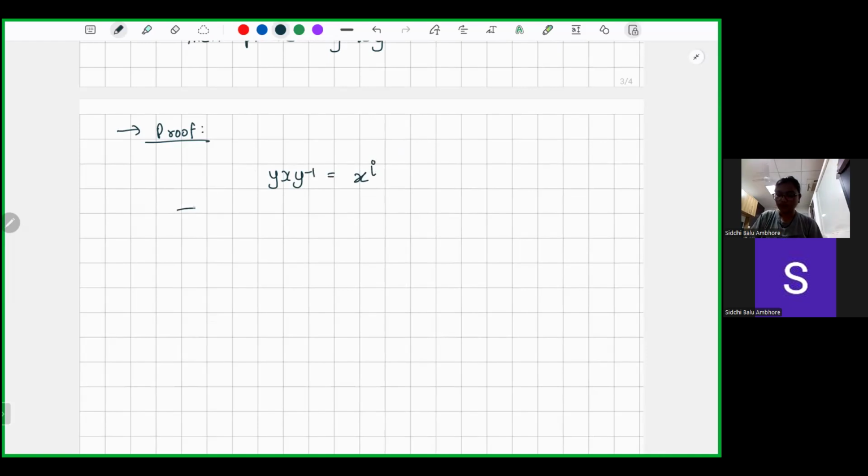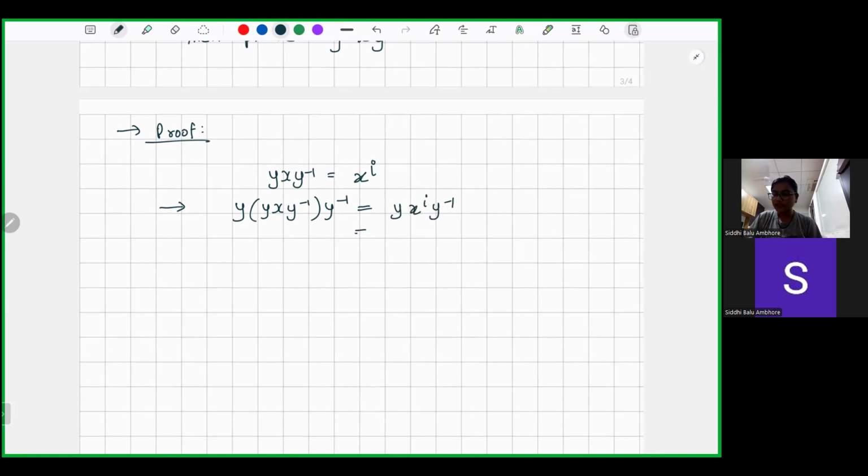So for 2, this is y times y x y inverse times y inverse, which is y x to the i y inverse.